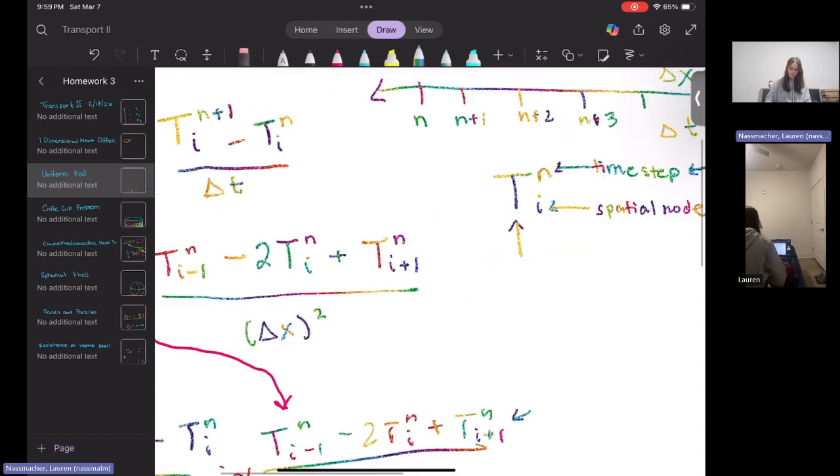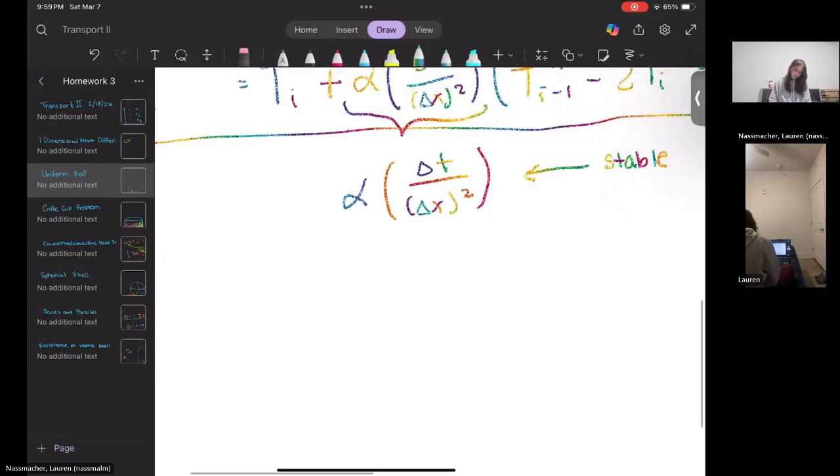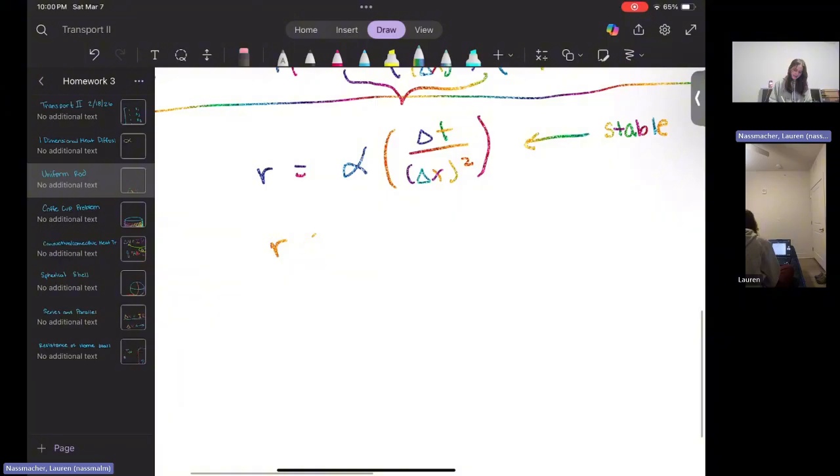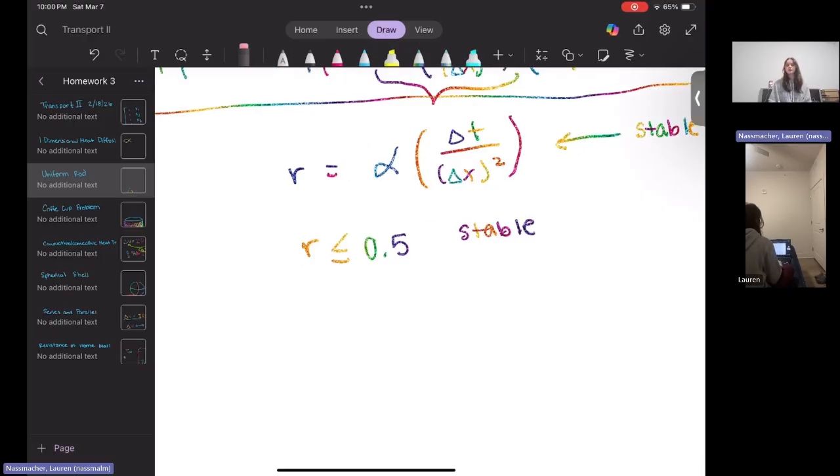Let's go back to a key parameter. We'll call this R, equal to thermal diffusivity multiplied by the change in time over the change in distance squared. If R is less than or equal to 0.5, we know that our numerical solution is stable. The temperature gradually smooths out at each boundary as the heat diffuses across the rod.